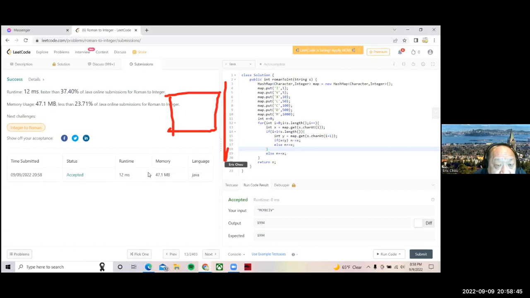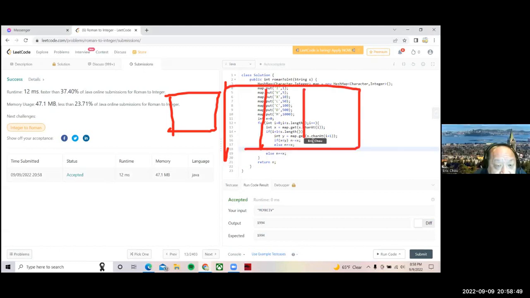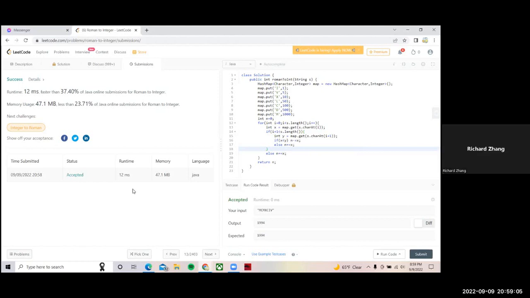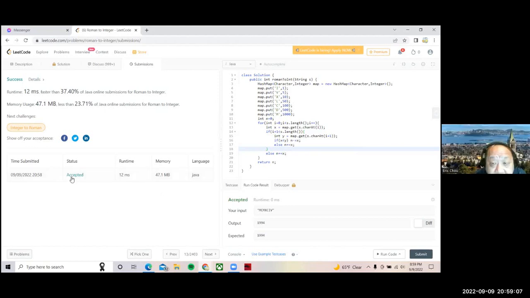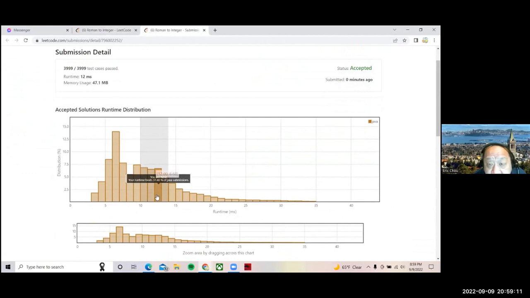Key point is that you must know about the middle value that actually determines the value. Any left side, if it's actually smaller than the right side value, you need to deduct it. Is that okay? Okay, good job.